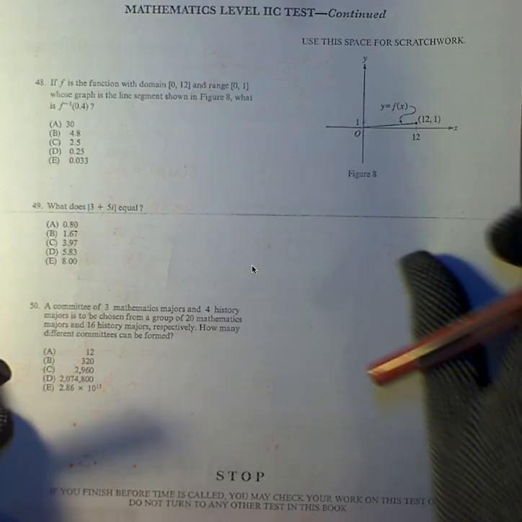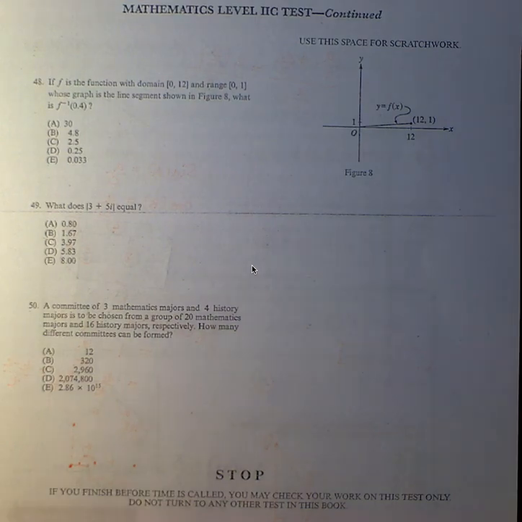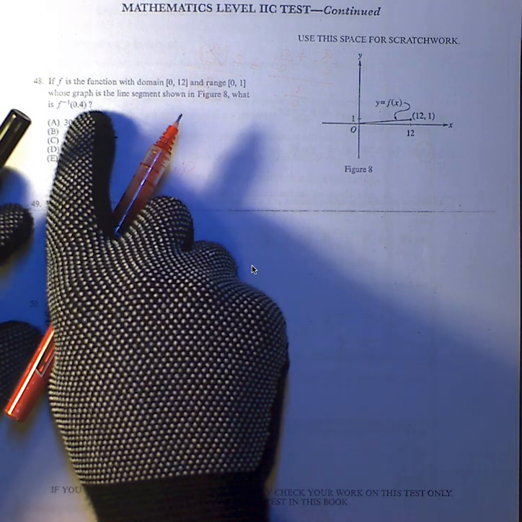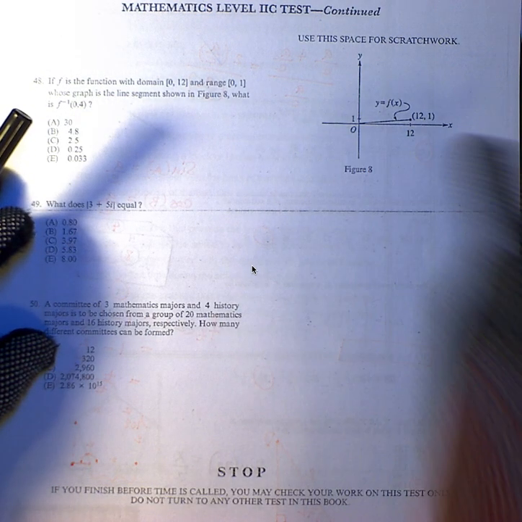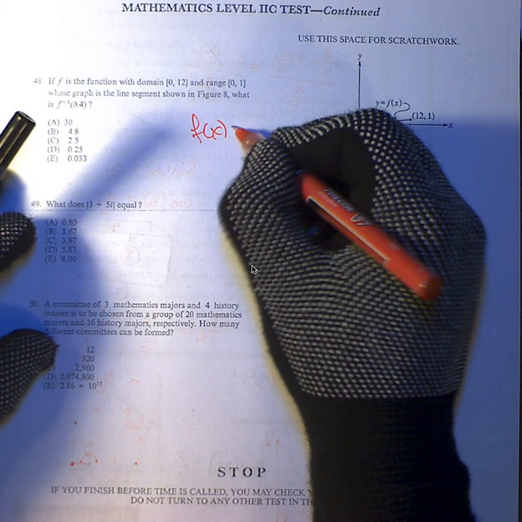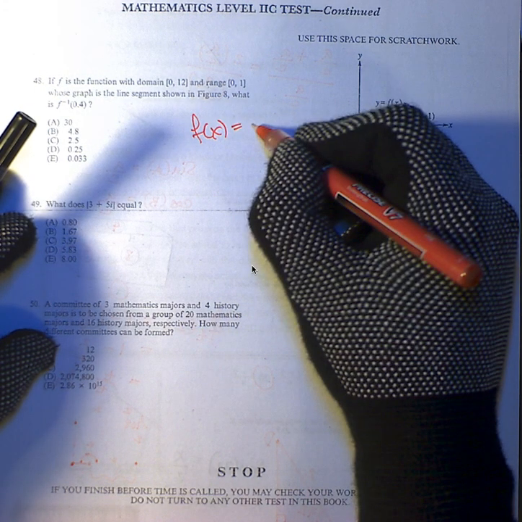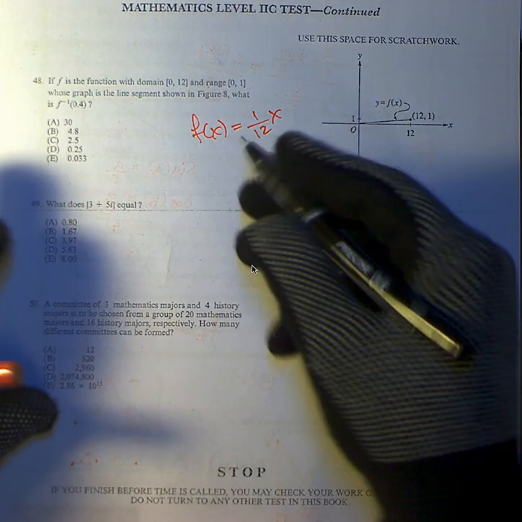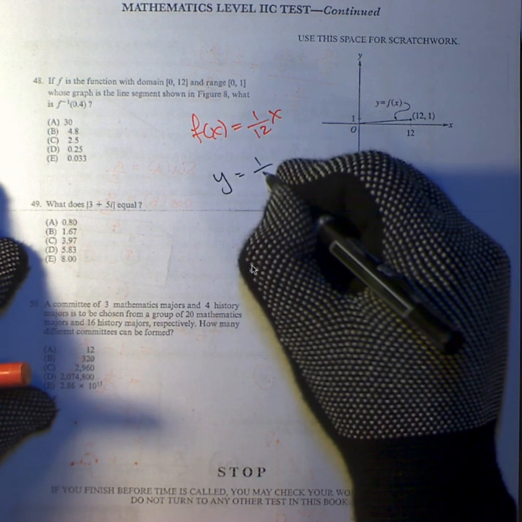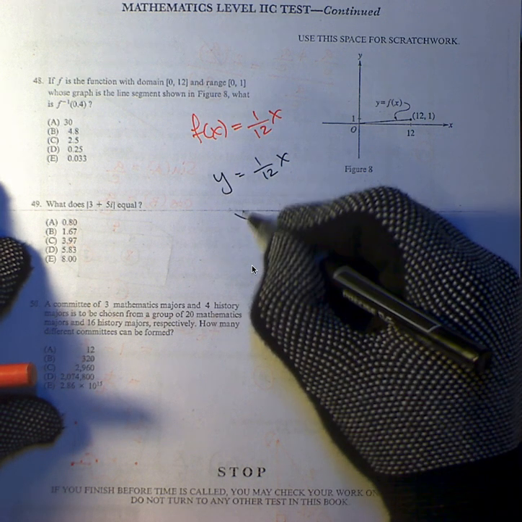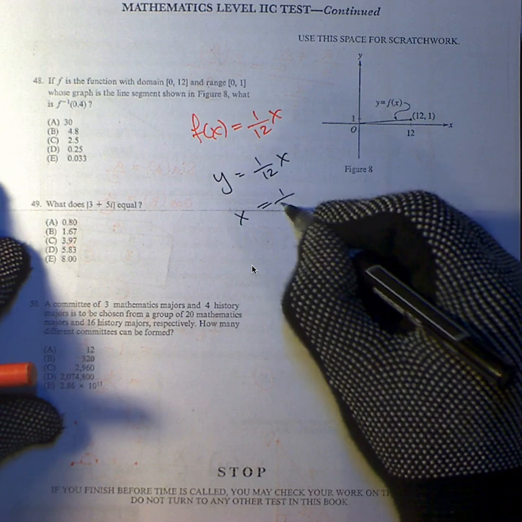Okay, so here we're given f, and we're asked for f inverse of 0.4. Our f is so simple that we could figure it out. It's pretty easy to see that f of x is equal to 1 over 12x. And so then we could write y equals 1 over 12x, swap x and y so that we can find f inverse. If we swap x and y, we get x equals 1 over 12y.